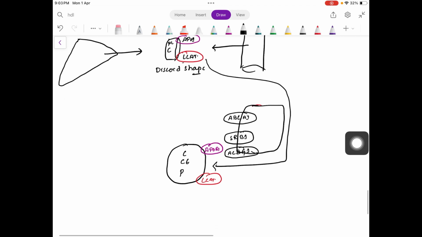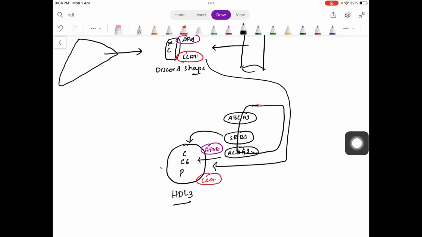Now this SRB1 will transport cholesterol from peripheral tissues to this HDL3 molecule, and ABCG1 will transport cholesterol from peripheral tissues to the HDL3 molecule.